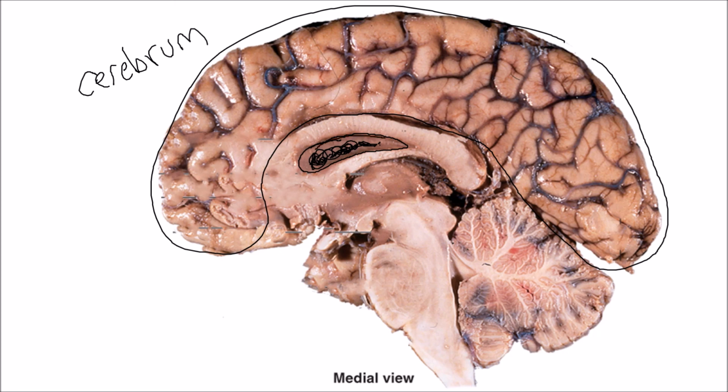Now above the septum pellucidum, we didn't have a chance to go over, is this big white arch that goes over. And this big white arch is actually the connecting point of the two hemispheres of the brain, like the physical connecting point. And this is called the corpus callosum.